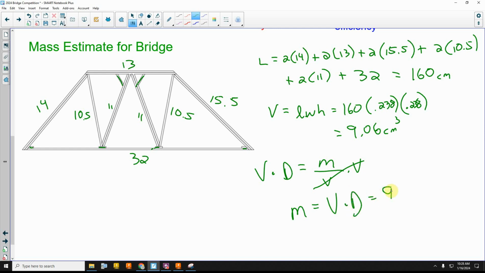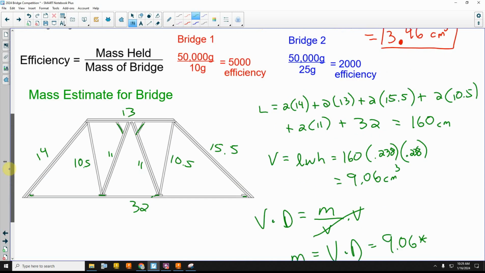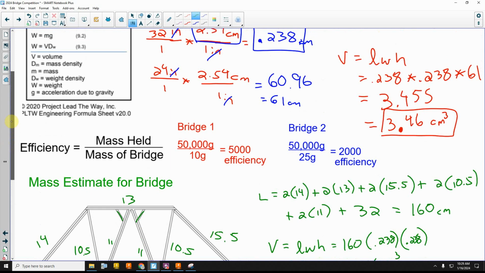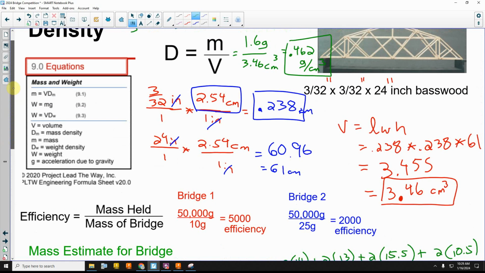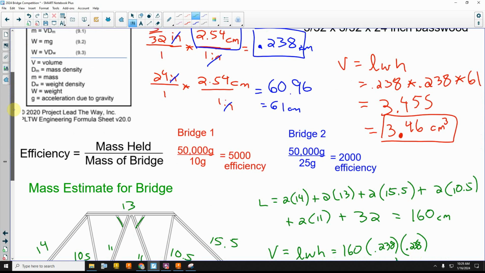So I have 9.06 times, and then we found the density. The average density is, we found that all the way at the top, 0.462.